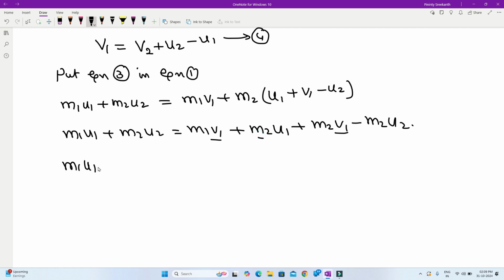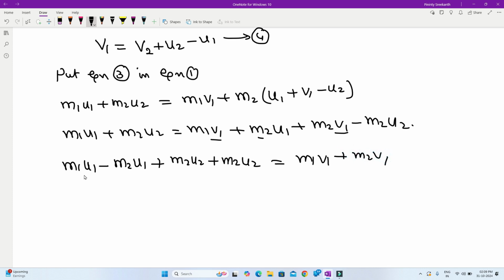This will be minus m2 u1, then plus m2 u2 plus m2 u2 is equal to m1 v1 + m2 v1.